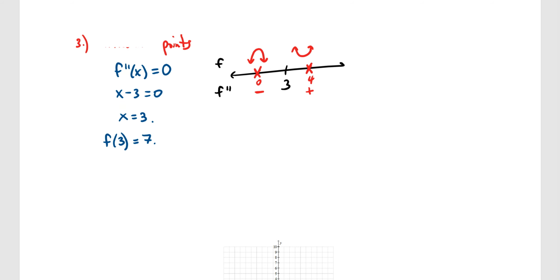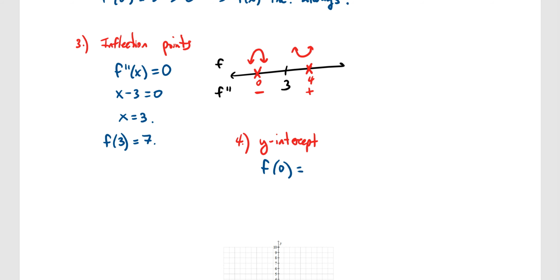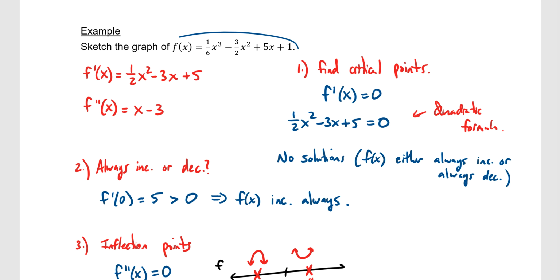What we are going to do for this one is find the y-intercept. Finding the y-intercept is easy, right? Because that's just plugging in 0 for x. It's very easy just to look at it when it's a polynomial and figure out your answer. That's going to be 0 plus 0 plus 0 plus 1.